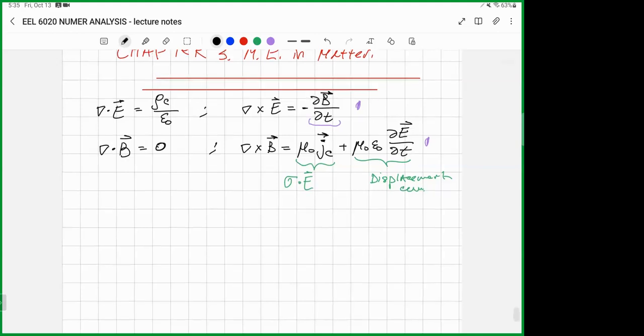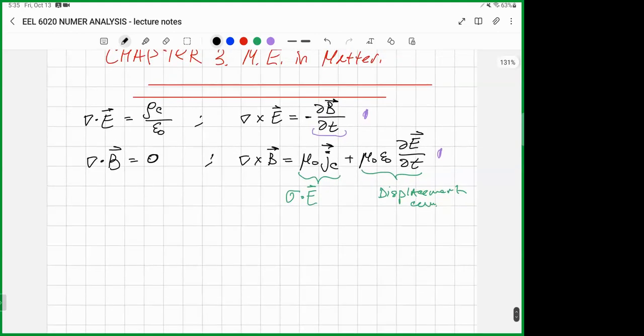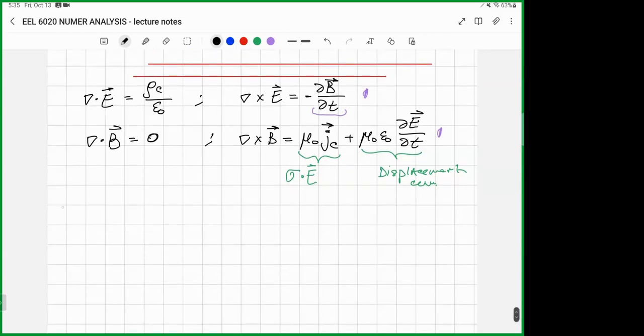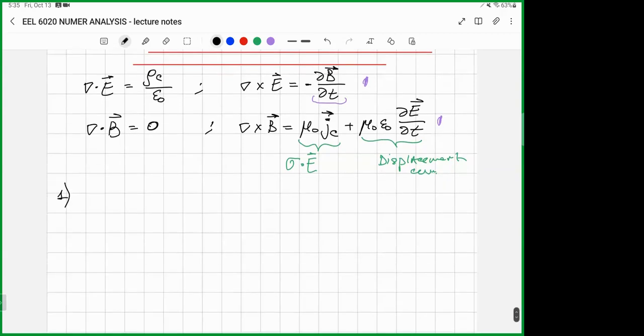Basically, our goal is to introduce a number of material parameters that are used to describe the interaction of matter and the field. And as the first one, we discuss the case of dielectrics.